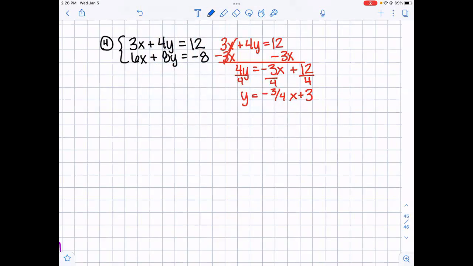Okay, then what do I have to do? Rearrange the other problem. 6x plus 8y equals negative 8. What do I have to do first? Subtract 6x. 8y equals negative 6x minus 8, because it was negative 8.